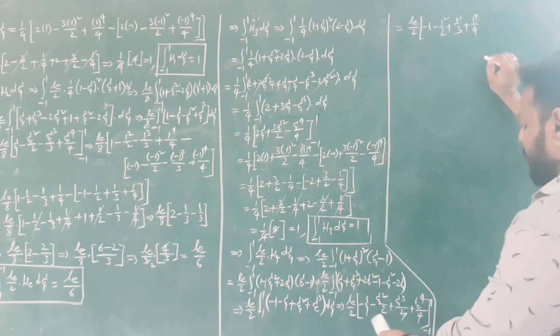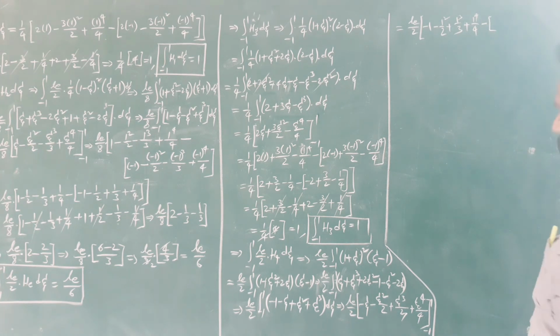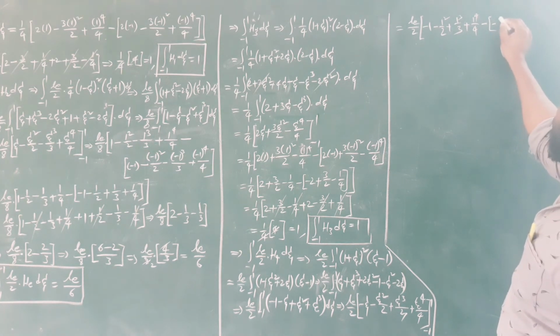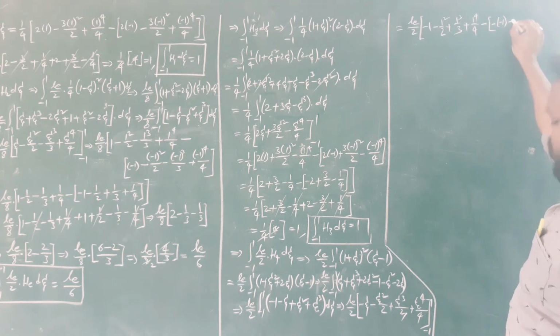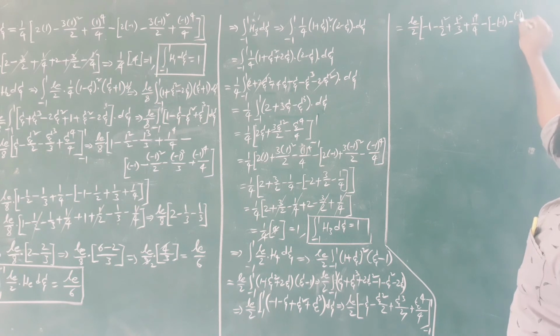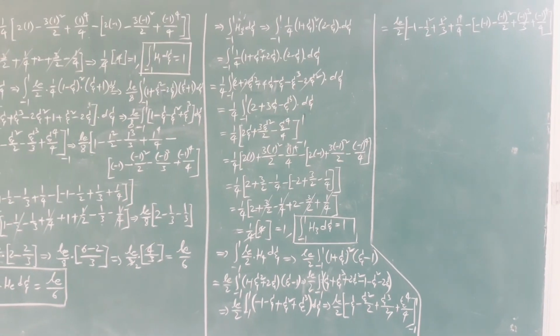This is the upper limit, and minus the lower limit: minus into minus 1, minus (minus 1) whole square by 2, plus (minus 1) whole cube by 3, plus (minus 1) whole power 4 by 4. Finally, we got like that.